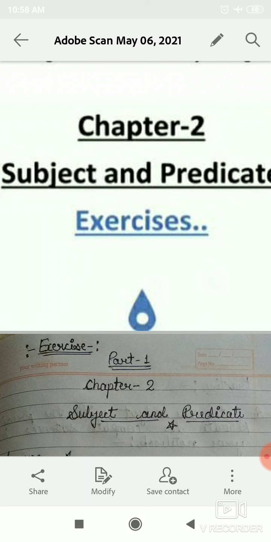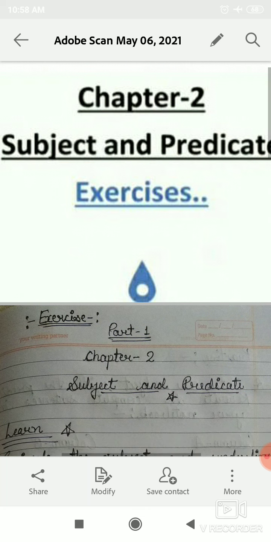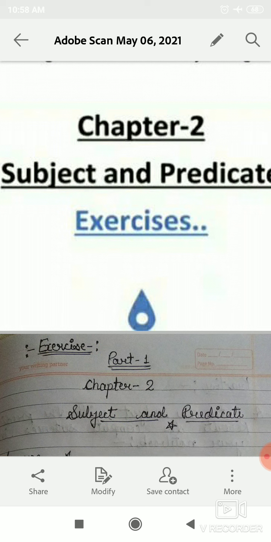Can you tell me which part of the sentence is predicate? Here, is going for a picnic is the predicate and Parth is the subject. I hope you understand what is subject and what is predicate.